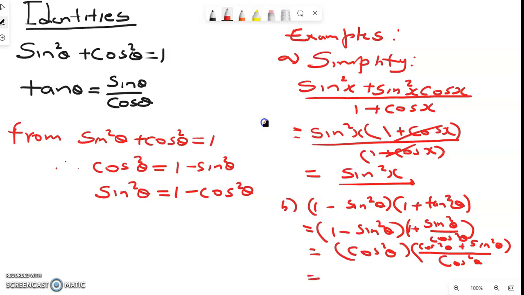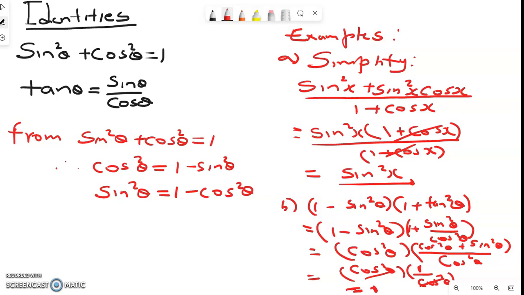Now we have cos squared theta over 1 into cos squared theta plus sine squared theta over cos squared theta. Here we have cos squared theta plus sine squared theta, which is the square identity, equal to 1. So this is 1 over cos squared theta. Cos squared theta will divide cos squared theta, and our answer is equal to 1.